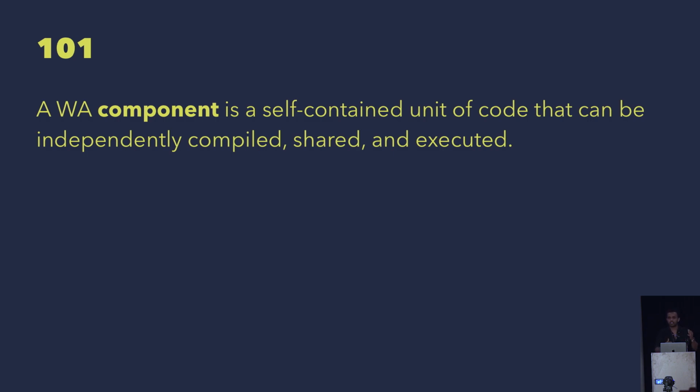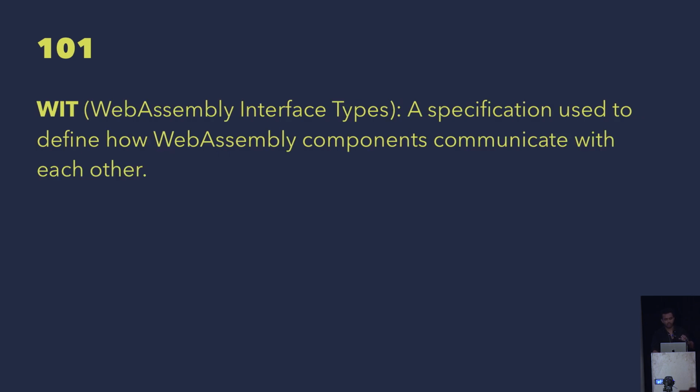It's not the first thing that happened in the Wasm, in WebAssembly space. It evolved from the WebAssembly core module with more types coming into the picture to interact with each other. But as of now, for those who are not familiar with this thing, it's a unit of code that you can run. WIT is a WebAssembly interface type, so we'll see some examples of this.